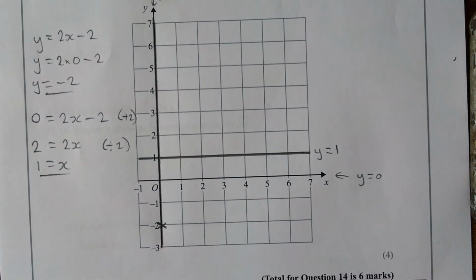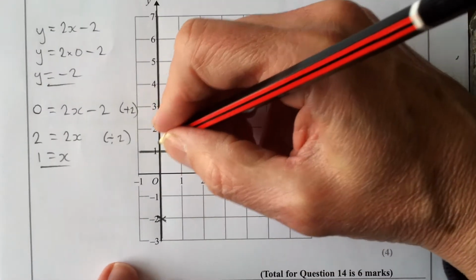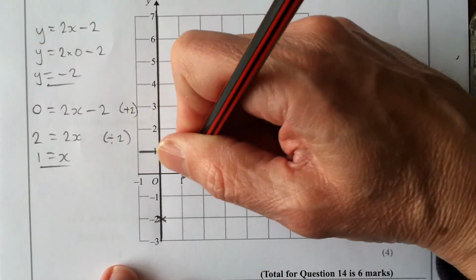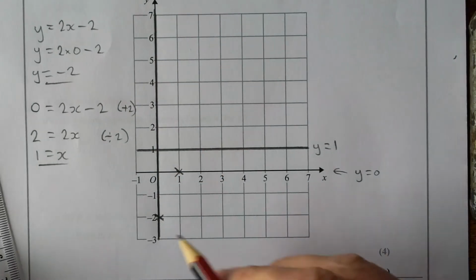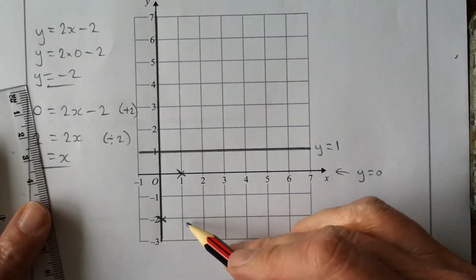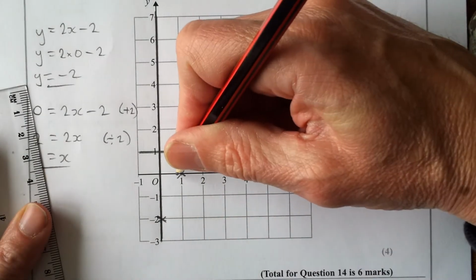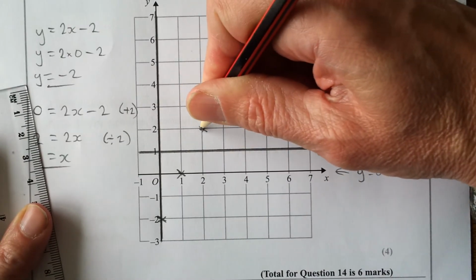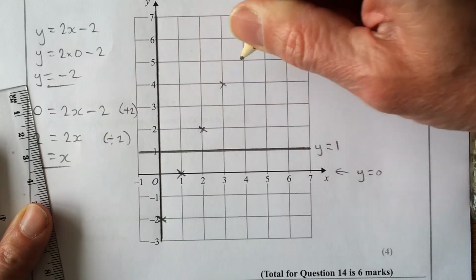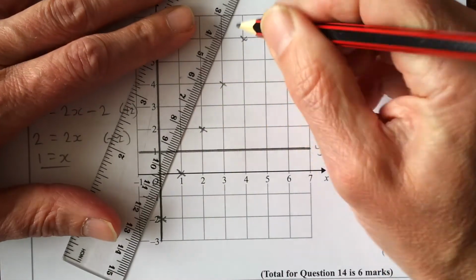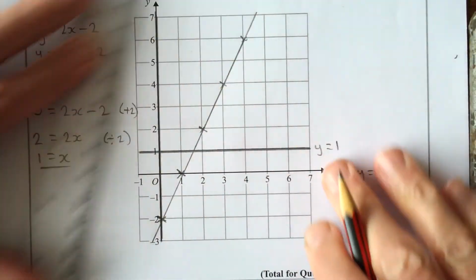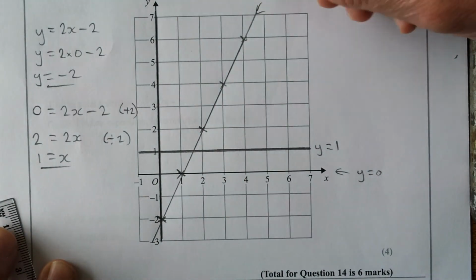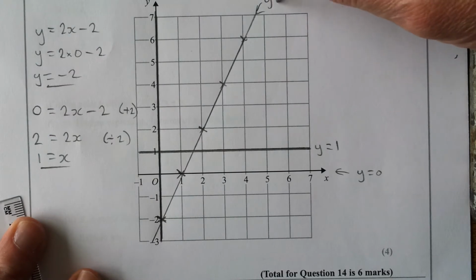So when y equals 0, x equals 1. So we have this line here. You can see it's going across 1 and 2 up. So keep going 1 across, 2 up, and then draw that line in, right to the end of the axes. And label that one. That one is y equals 2x minus 2.